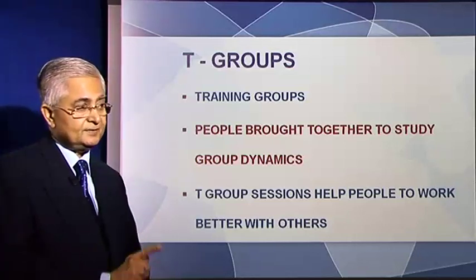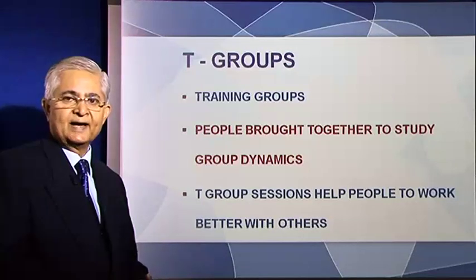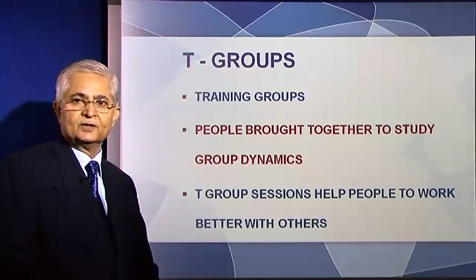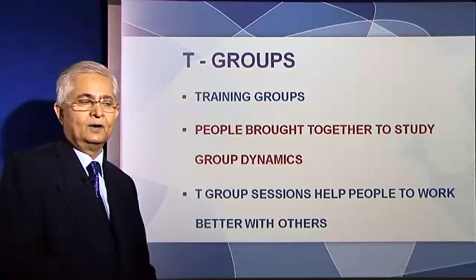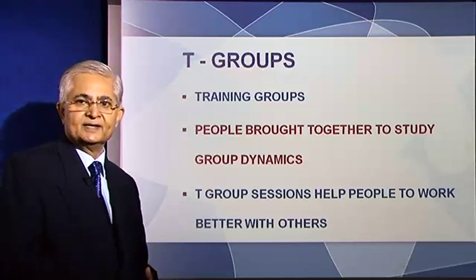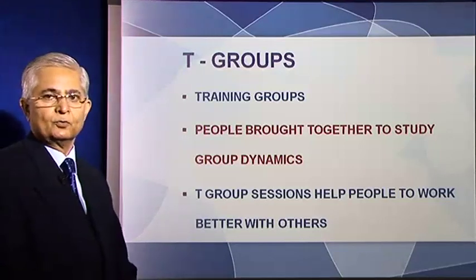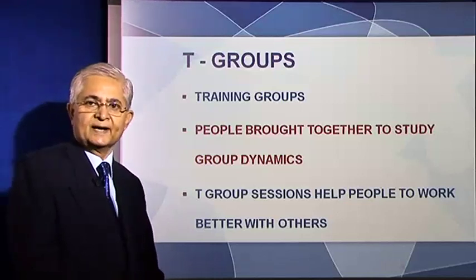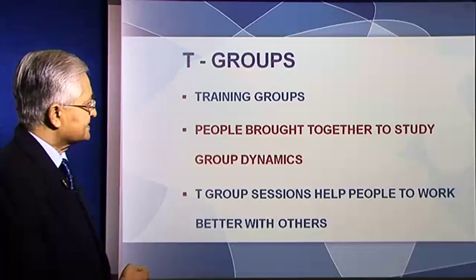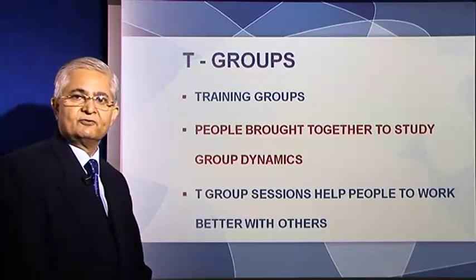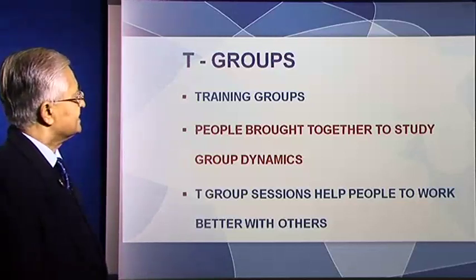Now, these kinds of people who react positively or negatively in groups need to understand how their behavior is being influenced by the formation of a group. This is what group dynamics is all about, and it's for people to understand group dynamics, to work better with others, that T groups are formed.